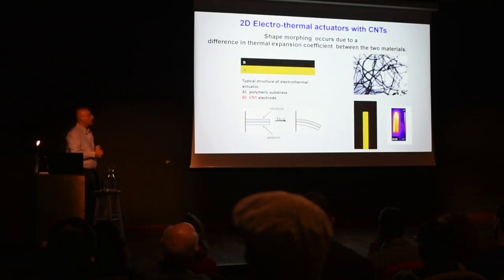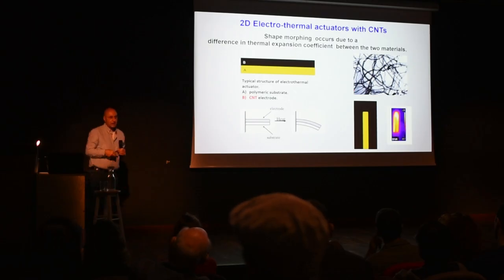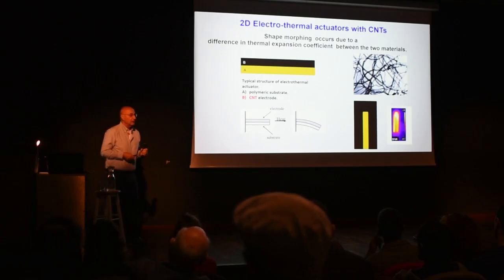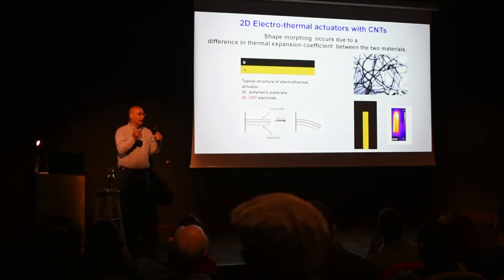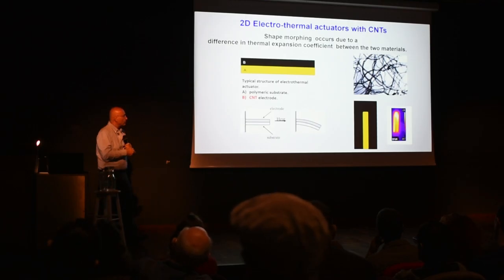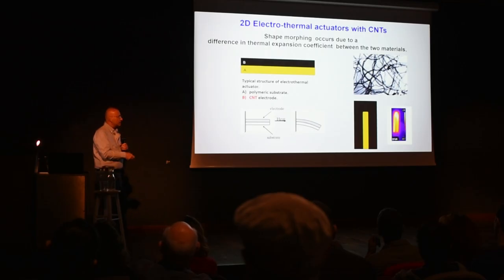For example, we make an ink made of carbon nanotubes. This is very light material that you can put electrical voltage and it will get heated. So we can have a thermal object. Here you see printed carbon nanotubes on a plastic sheet of polyimide, but it can be on anything.